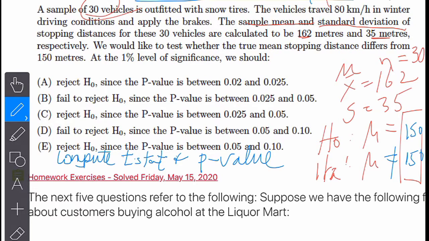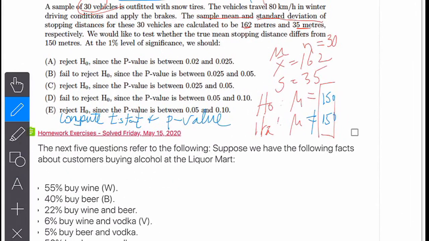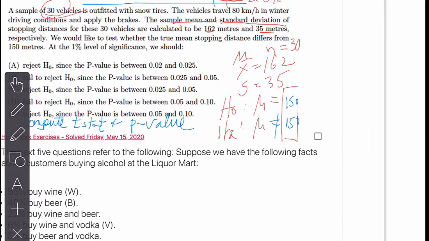So the T-stat for that is going to be the realized value, the observed evidence.